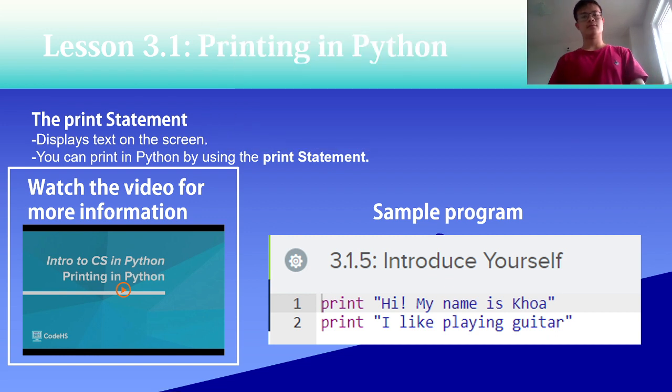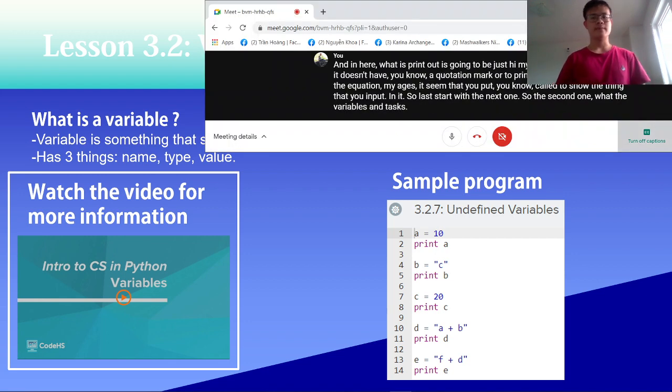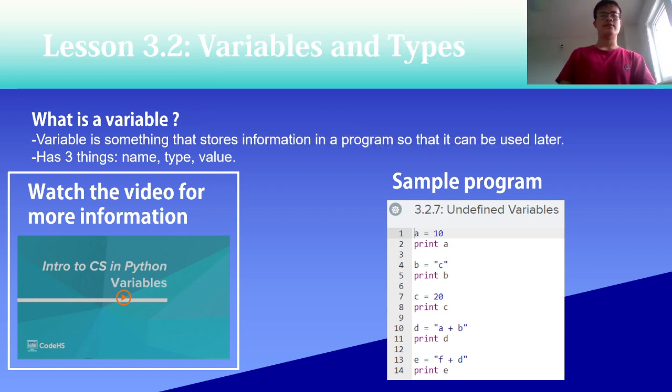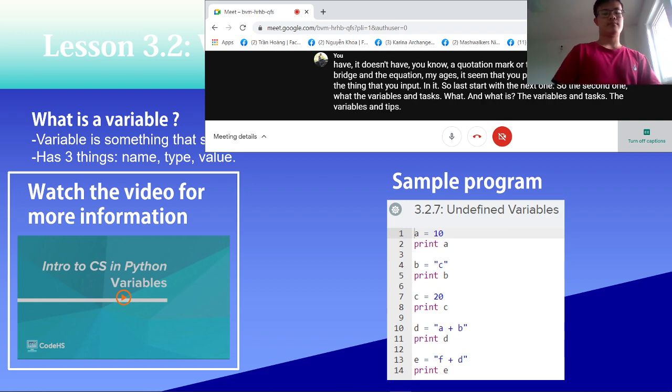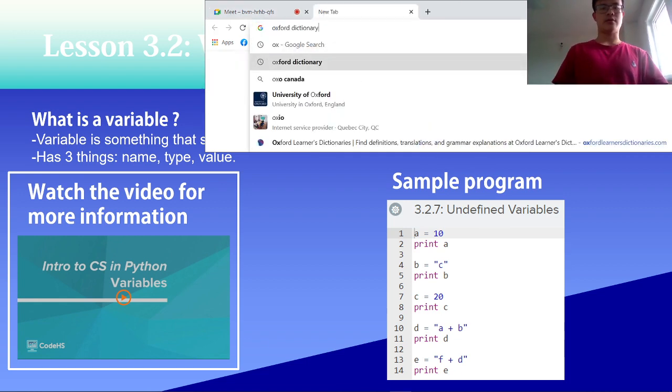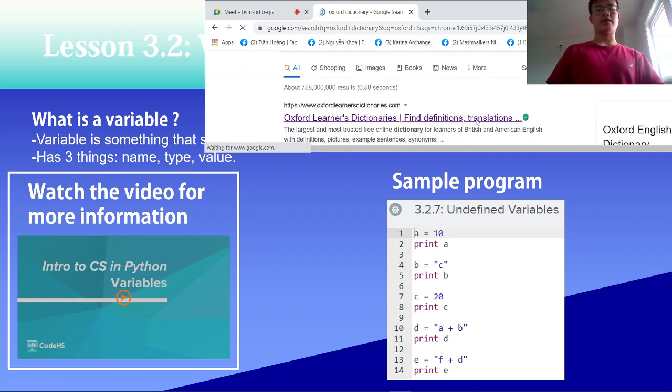So let's start with the next one. The second one is variables and types. What are variables and types? Let me check the dictionary for a little bit.